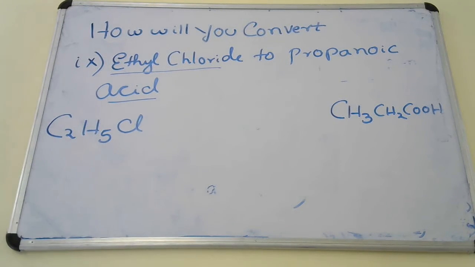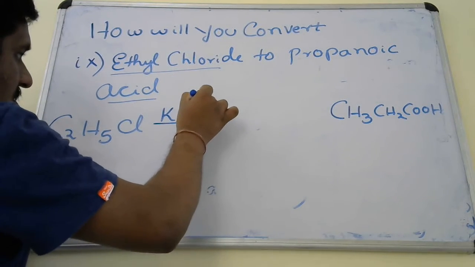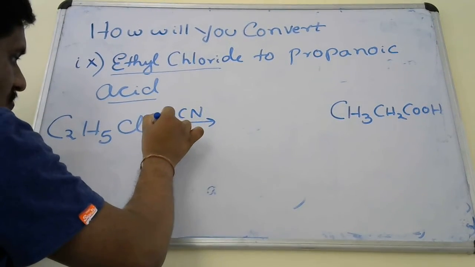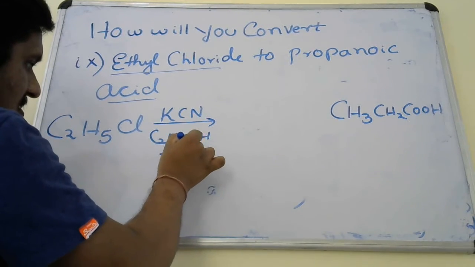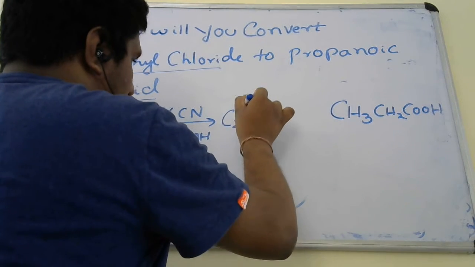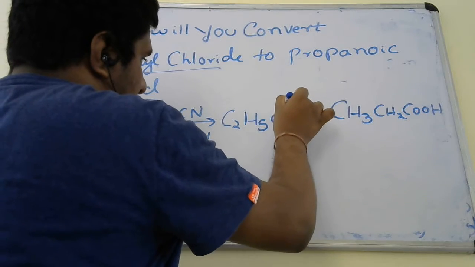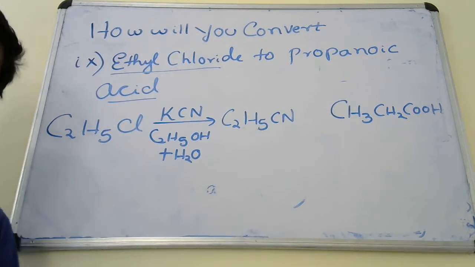So what to do? First we will convert this into a cyanide compound. How to do? Many times I have done. You treat with KCN, ethyl alcohol and water, and the chlorine group will be replaced by the cyanide group. It is nucleophilic substitution.